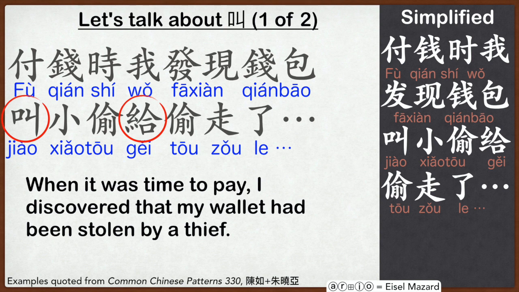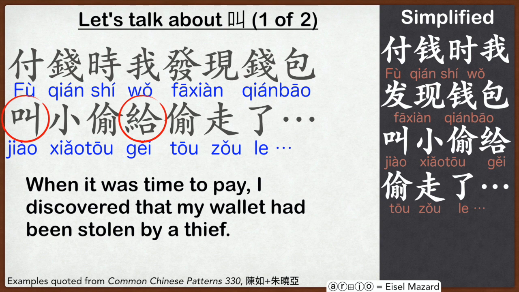So at the time of paying money, 付钱时我发现钱包叫小偷给偷走了。 At the time of paying, that's the first 3 syllables. 付钱时 I discovered 我发现钱包.